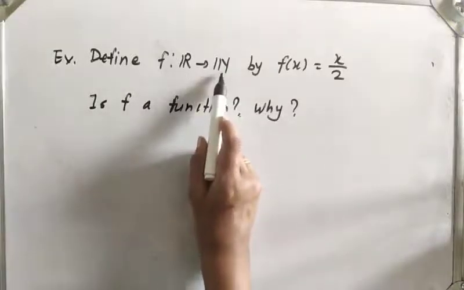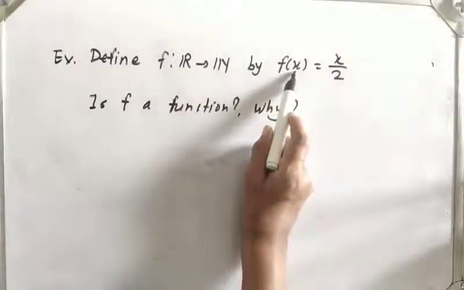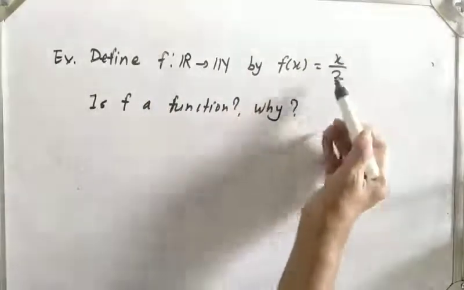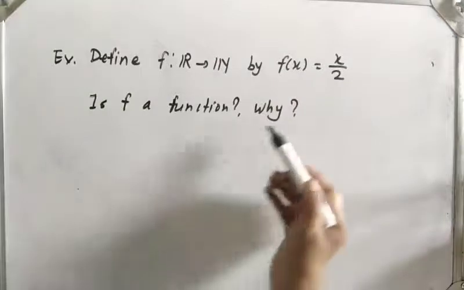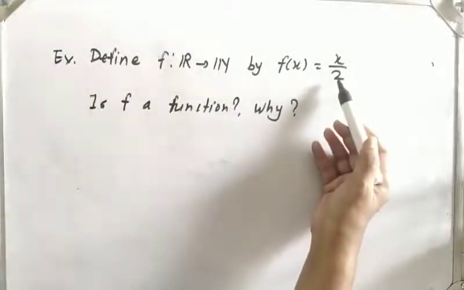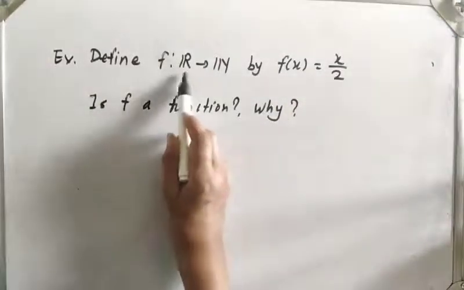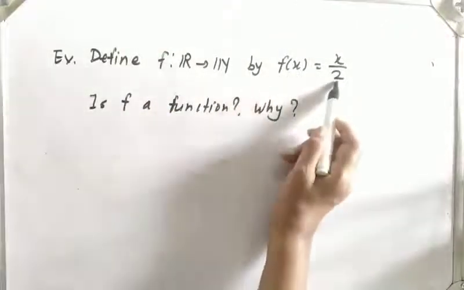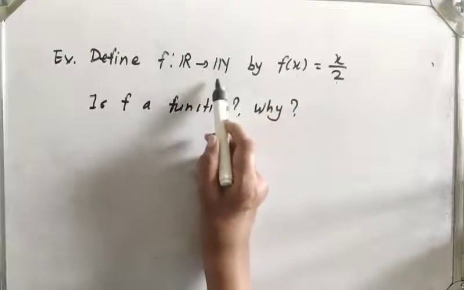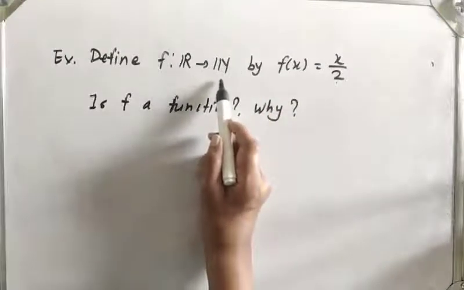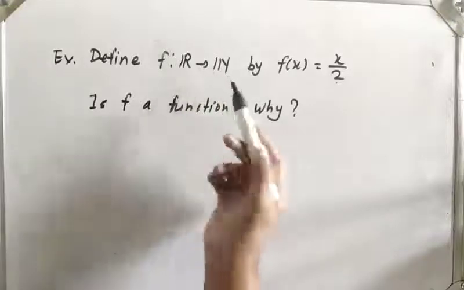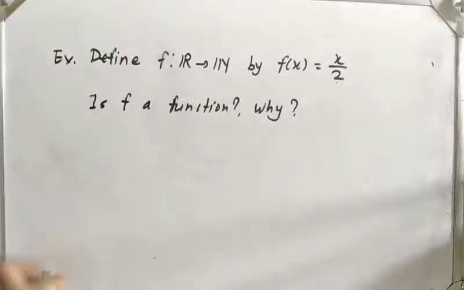Codomain is the set of natural numbers. We take x from the set of real numbers, and the rule is we take its half. So definitely it is also not a function. Why not? If we take 1 from real numbers, by the rule f of 1 will be 1/2, and that 1/2 is definitely not a natural number. That is not included in codomain. Therefore it is not a function. So you can give that reason.